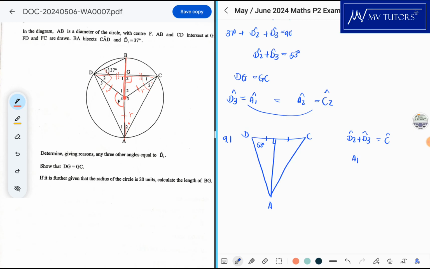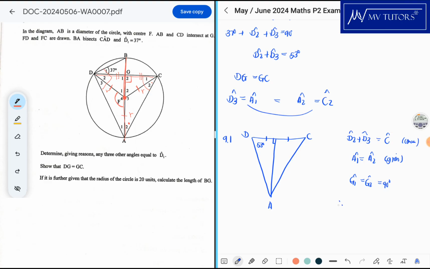Why am I saying that? A1 is actually equal to A2, and G1 is equal to G2, which is 90 degrees. A1 is equal to A2, that was given. So that would be common.